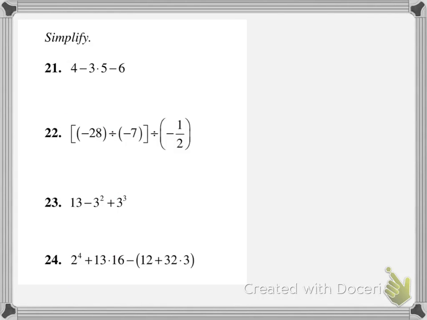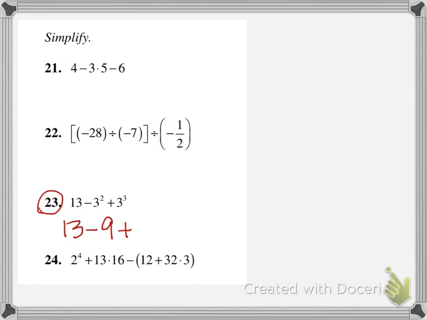Okay, let's pick a couple out of these four to do. We need to do one definitely with some exponents in it, so let's look at 23. We have 13 minus 3 squared plus 3 cubed. Remember, in your order of operations, we have to do grouping symbols first, which I don't have any. The next level is to do your exponents. So this one's going to be 13 minus 3 to the second power is 3 times 3, which is 9.